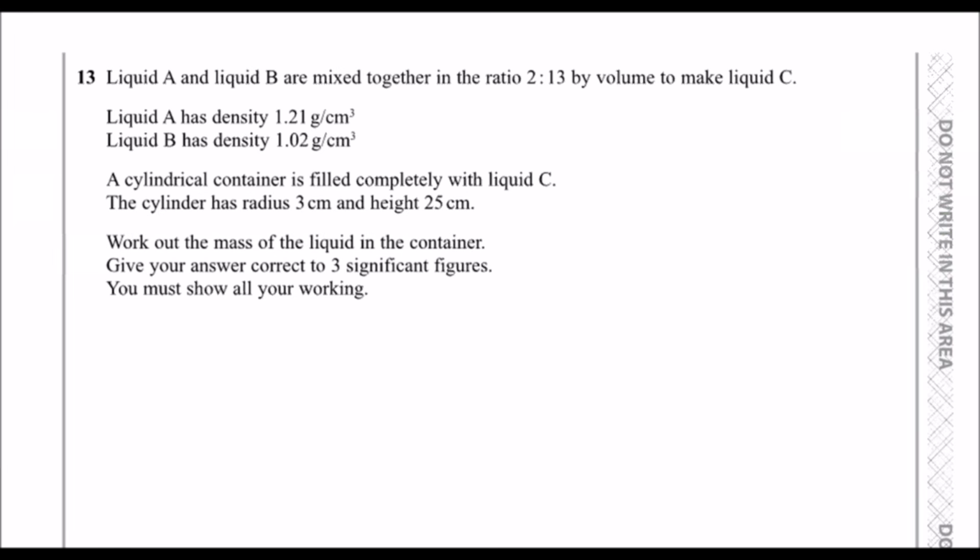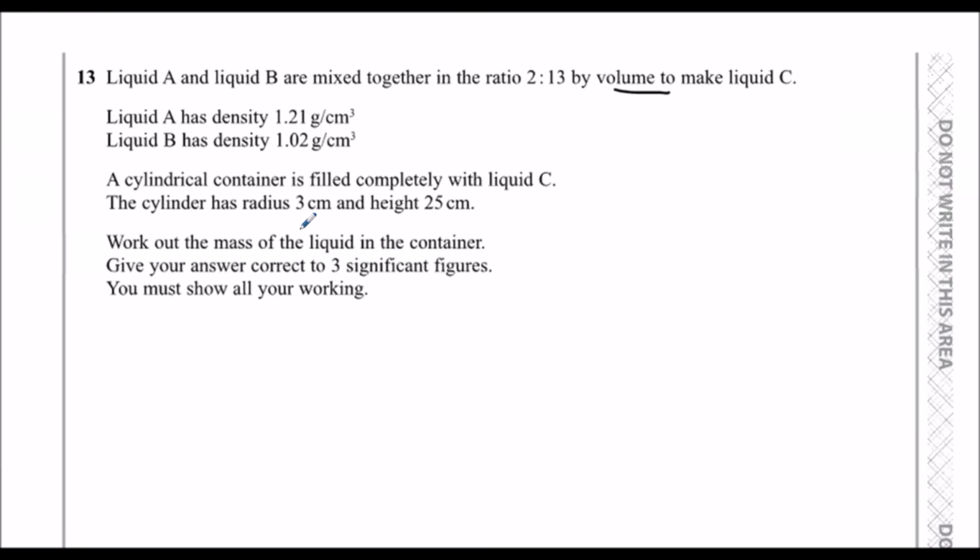Question 13. Liquid A and liquid B are mixed together in the ratio 2 to 13 by volume to make liquid C. Liquid A has a density of 1.21 grams per centimeter cubed. Liquid B has a density of 1.02 grams per centimeter cubed.